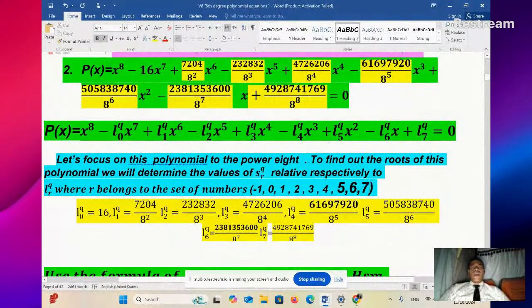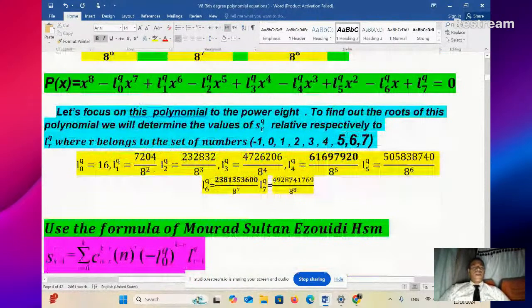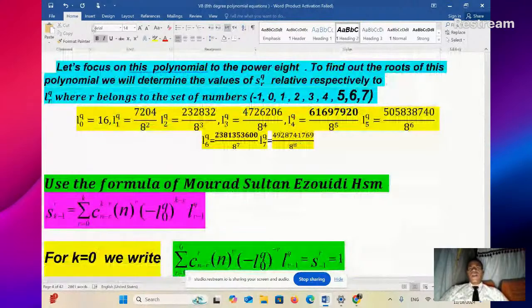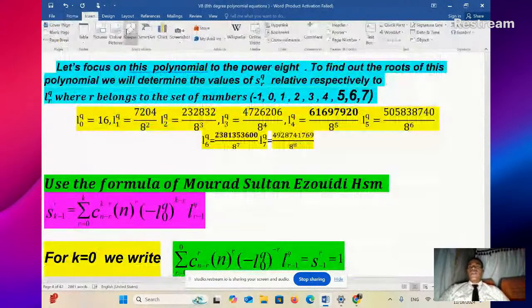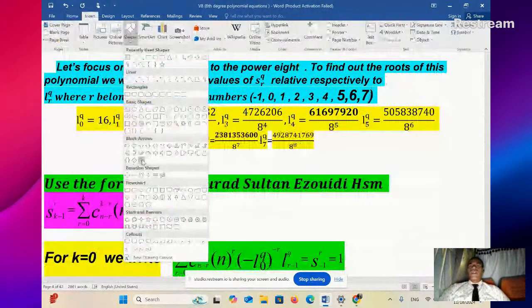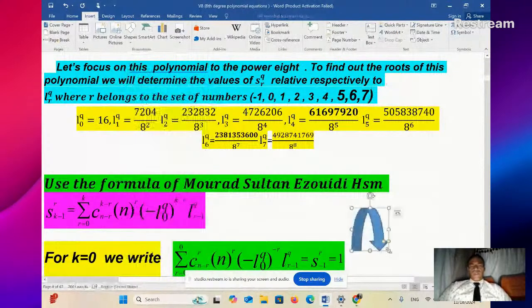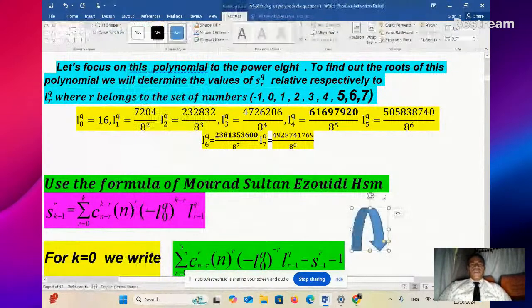Now we start. We use the decimal formula of Murad Sultan's video. Okay, this is the decimal formula. I will make notation for this to show what exactly.